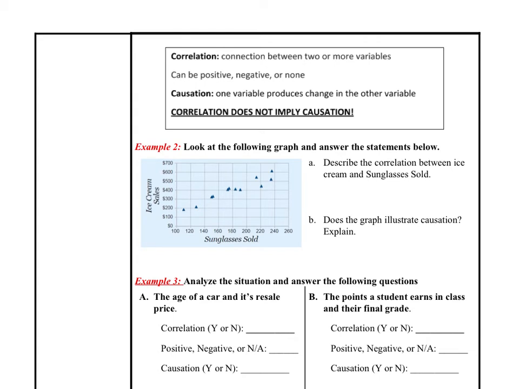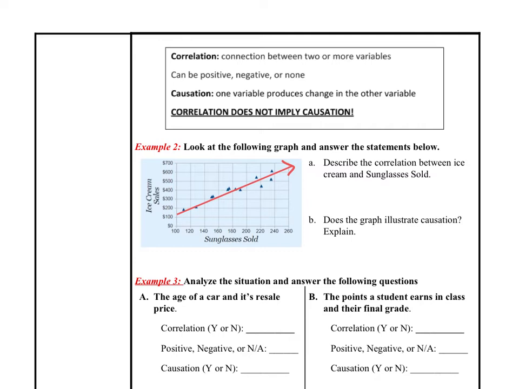Let's draw a line of best fit to make sure we see it. As sunglasses sold goes up, so do my ice cream sales. So it's pretty clear, as sunglasses go up, so do ice cream sales.